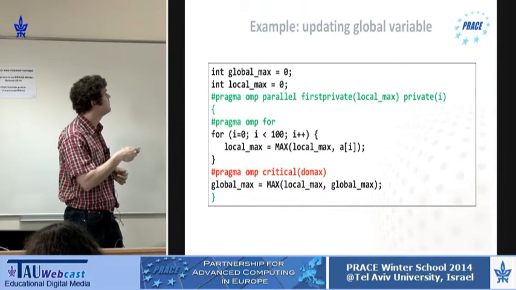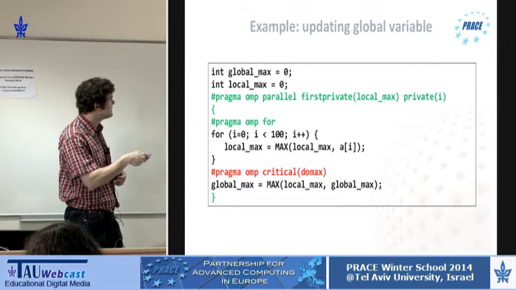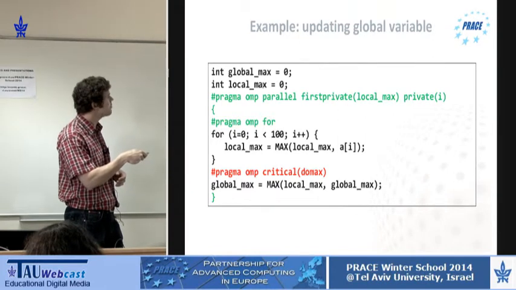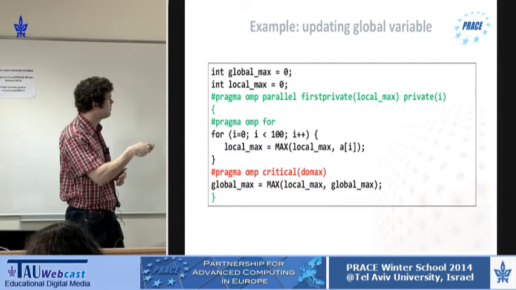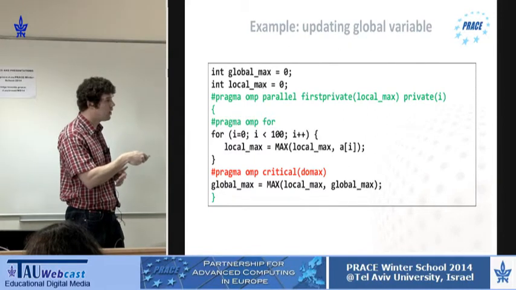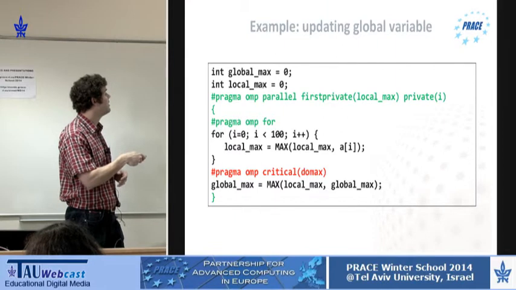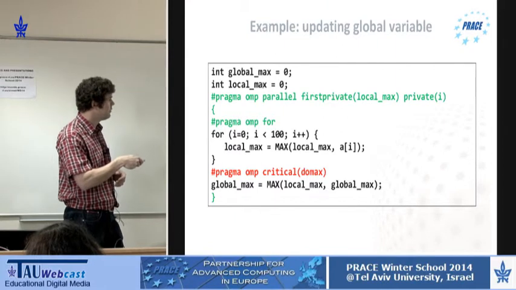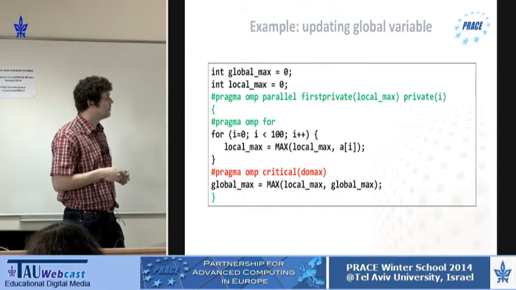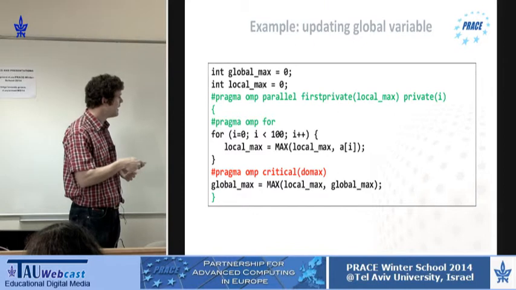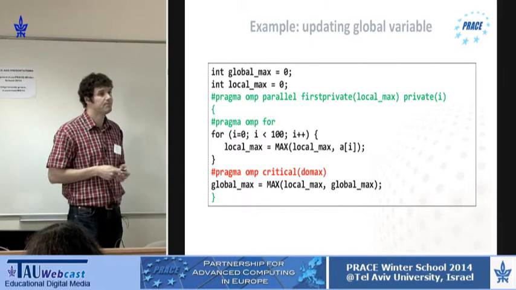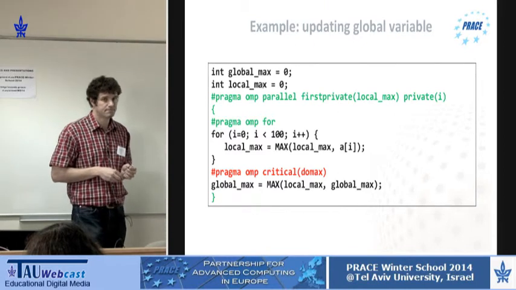And once again we make a local maximum here, a private value. We want to start from 0, so it is made firstprivate here. We do the local maximum here, and then in a critical section we look at which one of the local maximums is actually the global maximum.